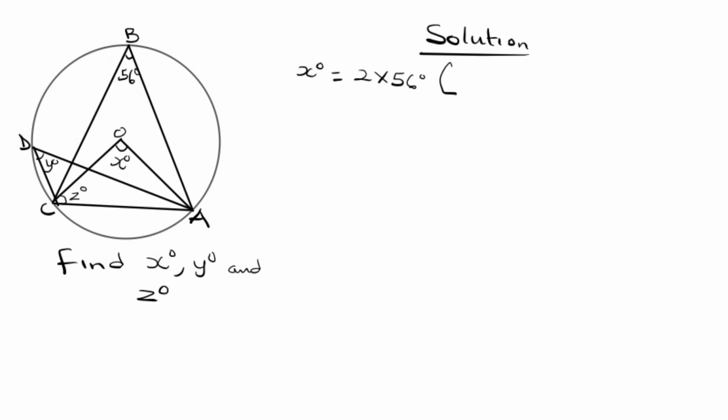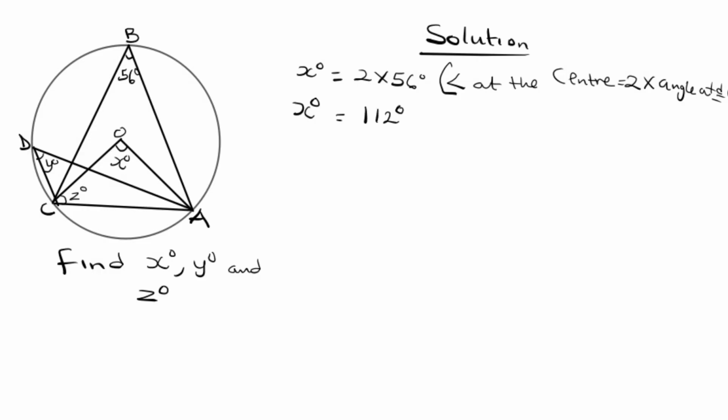I will just write the reason: angle at the center is equal to 2 times angle at the circumference. Now the value of x will be equal to 2 times 56, and that is 112 degrees. So that's the value of x.